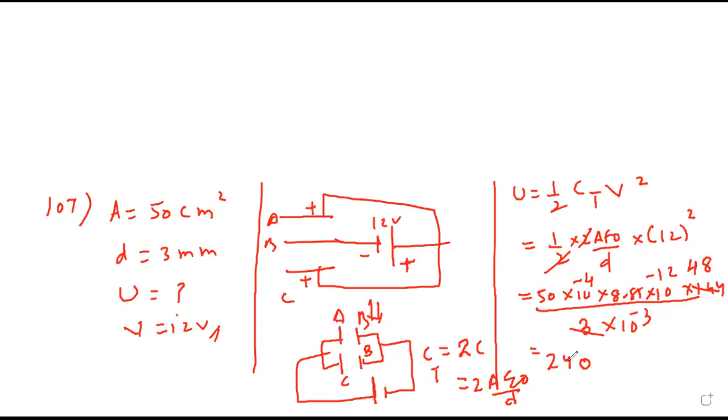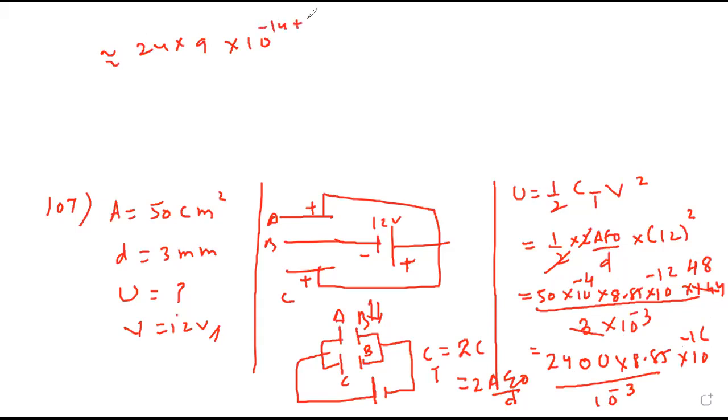So 24 into 8.85 into 10 raised to minus 16 upon 10 raised to minus 3. So this is approximately 24 into 9 into 10 raised to minus 14, 9 into 4 is 36, 18 and 3, 21 into 10 raised to minus 11.